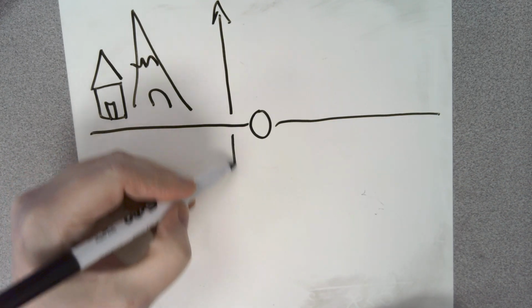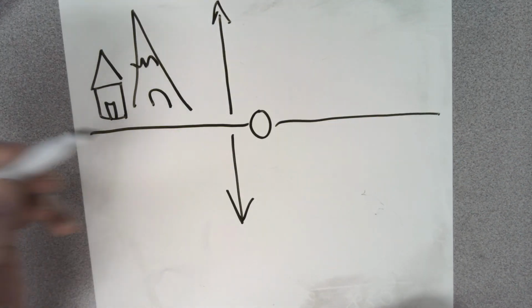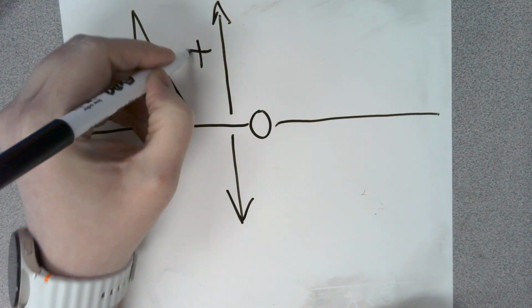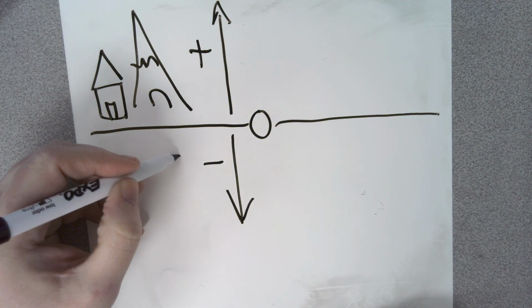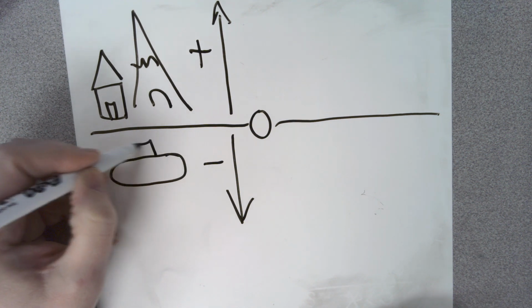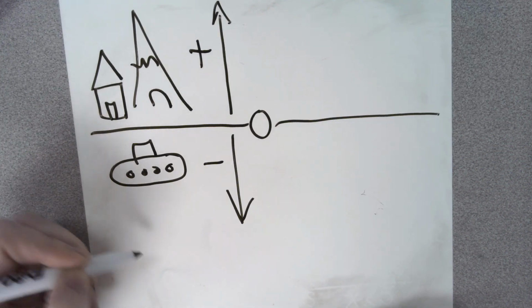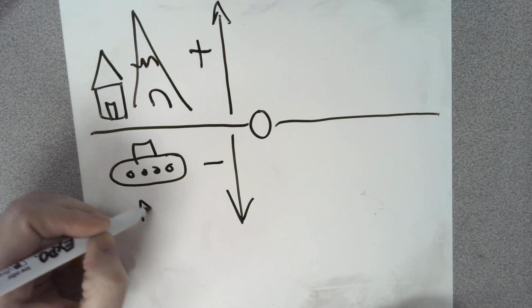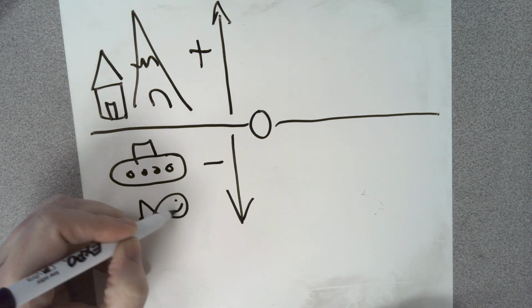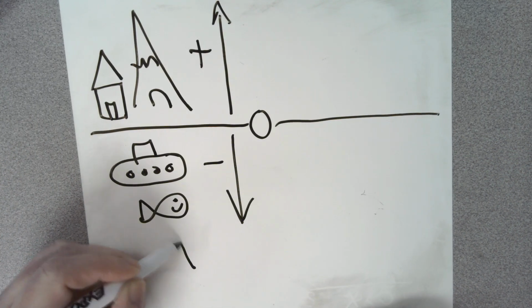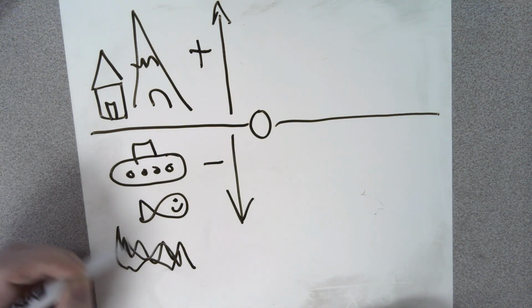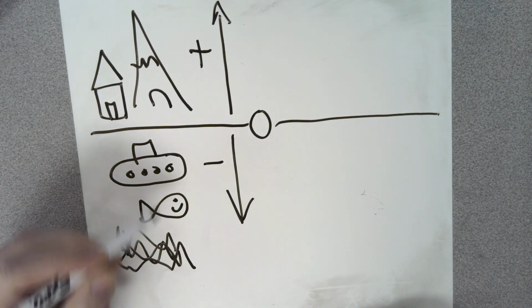You hear anything talk about below sea level, they're negative. So we got positive, negative, right? So we got like submarines, fish, seaweed. Those are all below sea level.